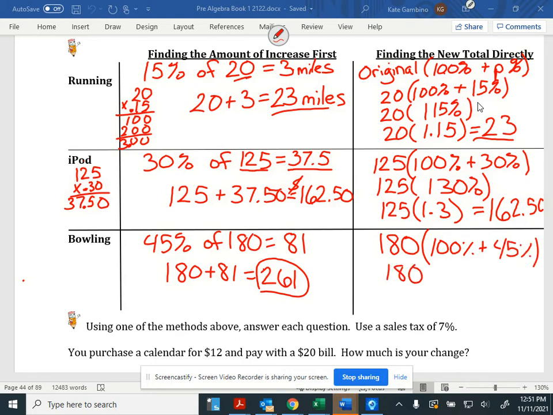So then remember, we just work it down. Inside the parentheses becomes 145%, which converted to a decimal is 1.45 times 180. And if you do the math, you get the same score of 261.